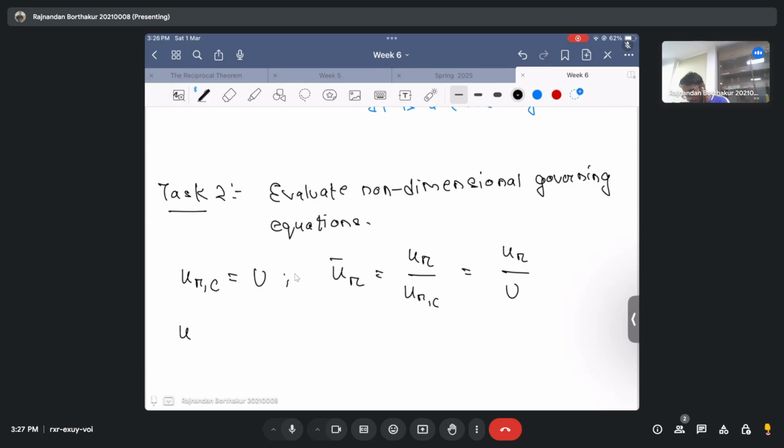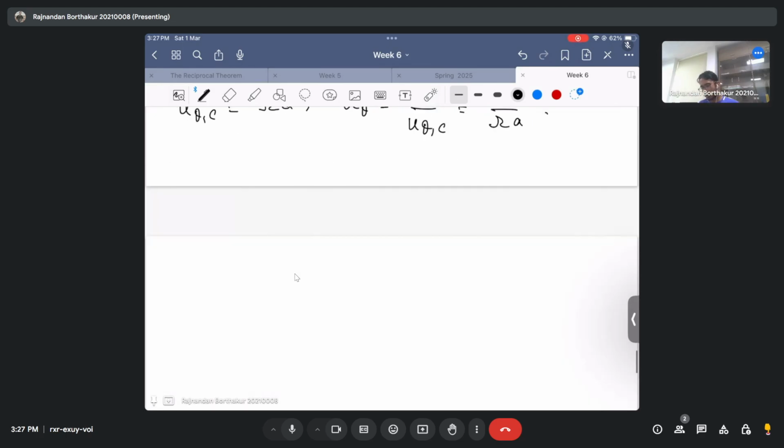Similarly, we know that U theta C, the characteristic velocity in the theta direction, is omega A, which means that my non-dimensional theta velocity, U theta bar, is just going to be my dimensional U theta divided by the characteristic value, and this simply comes out to be U theta by omega times A. Okay.